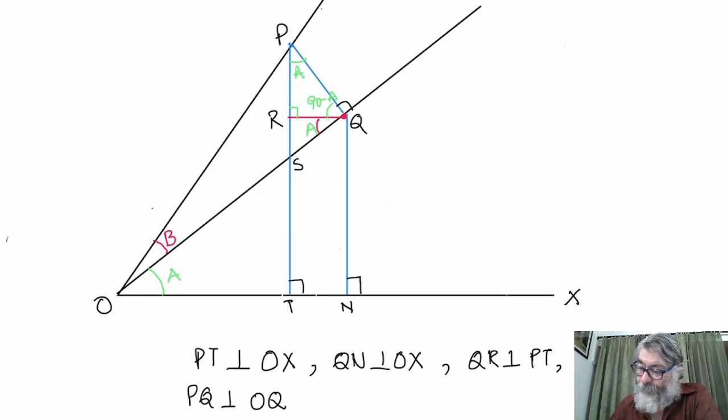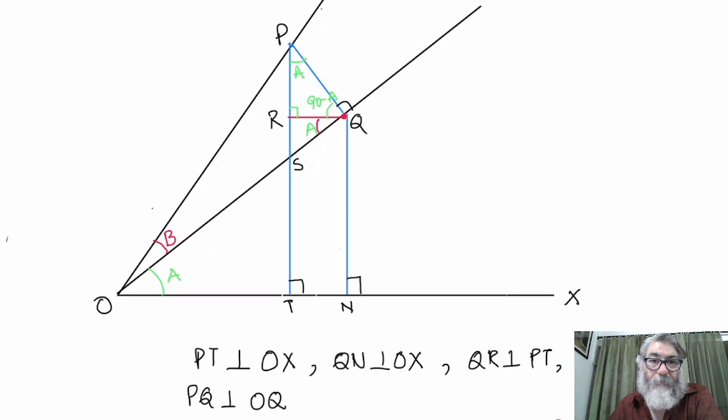I can write angle QOX is equal to angle RQS is equal to A. Whenever a Z is formed, alternate angles are formed. So here you can see a Z kind of figure is formed, and this angle will be A.